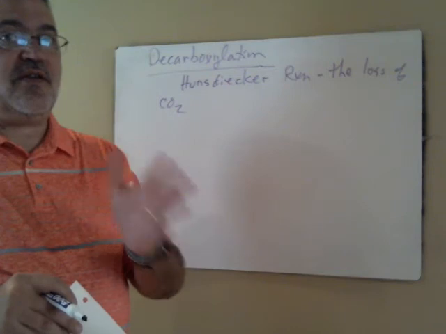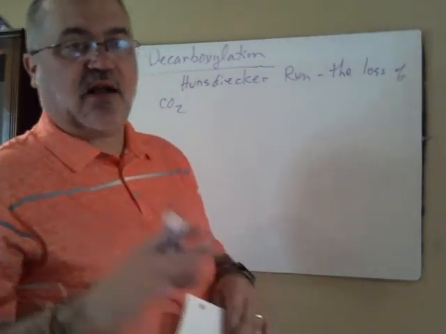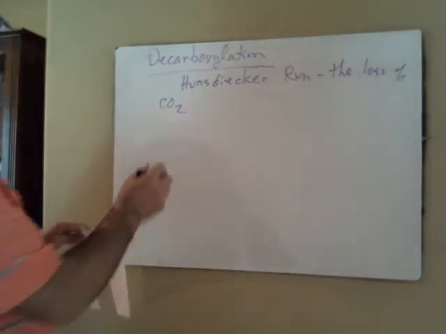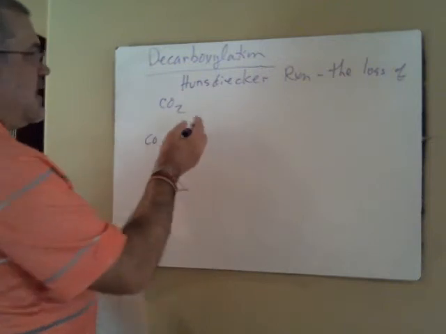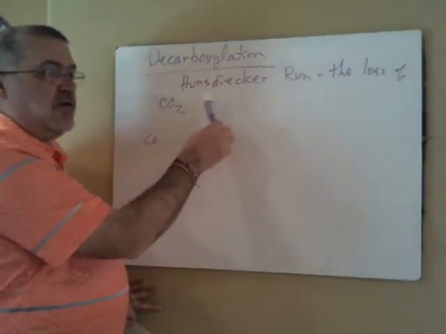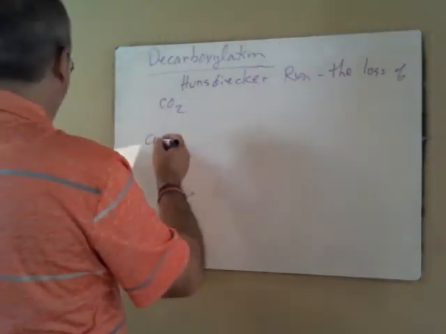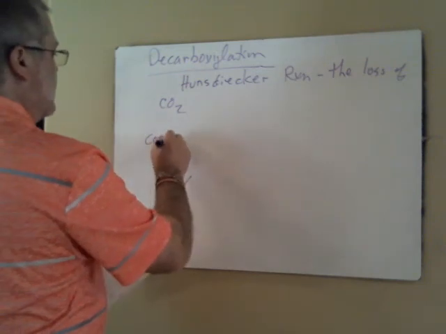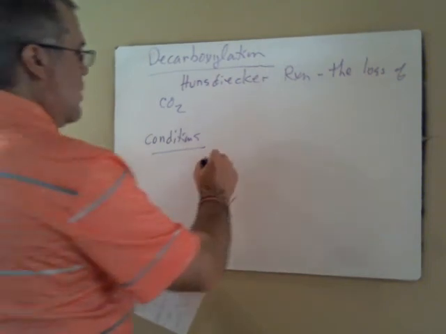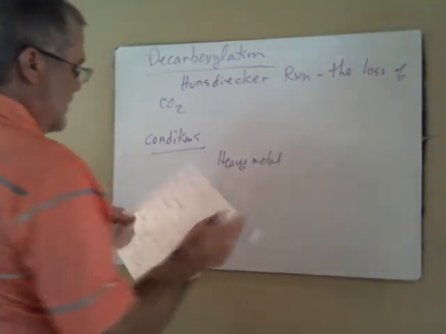So when you're doing synthesis, you have to remember, yes, I'm getting rid of the carboxyl functionality, but I'm also losing a carbon from my structure, okay? And so what are the conditions? And by the way, yeah, this reaction is named after somebody. It used to be if you came up with a new reaction, they would name it after you. They don't do that anymore. Conditions for the reaction. It requires the use of a heavy metal, which is not the music.